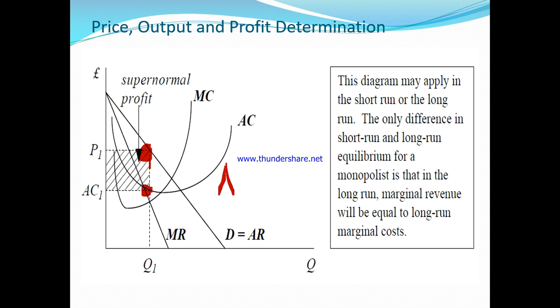Therefore, average revenue is greater than average cost, meaning that we are making a profit. So this particular monopoly is making a profit. Why? Because it's able to produce Q1 at a point where average revenue is higher than average cost.